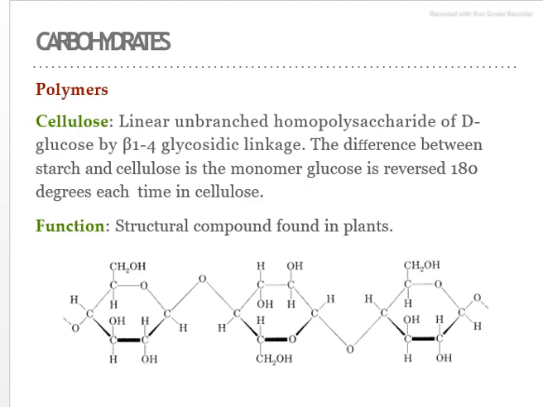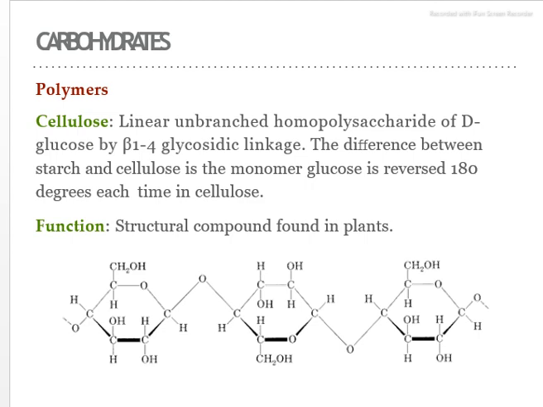Some people get confused about NAG and NAM, but chitin is formed by the linear homopolysaccharide of NAG residues joined by beta 1,4 glycosidic linkage. It is the structural polysaccharide in the exoskeleton of insects.